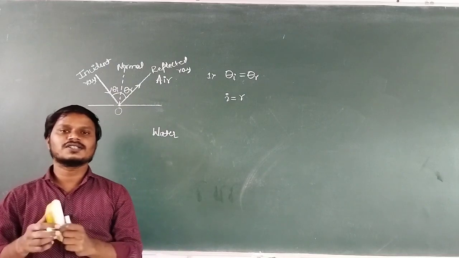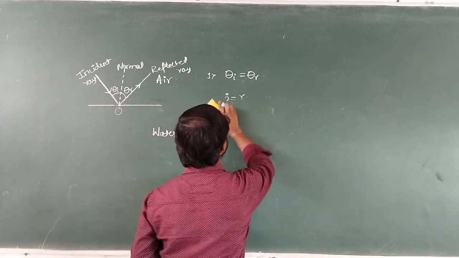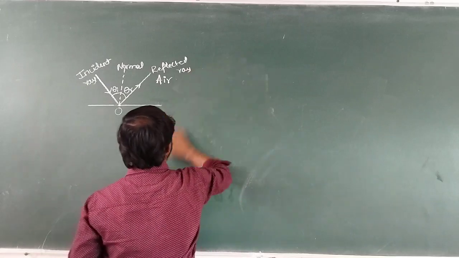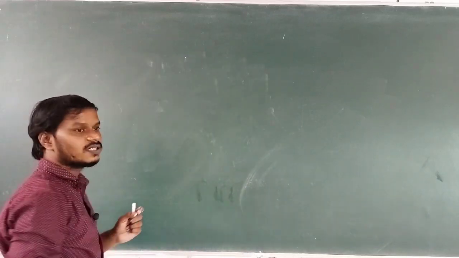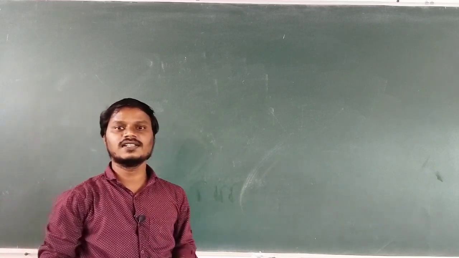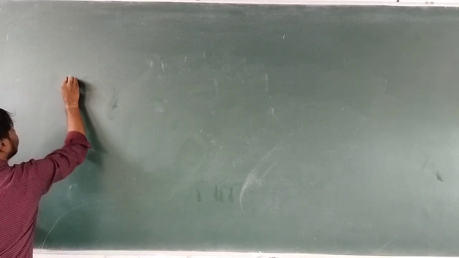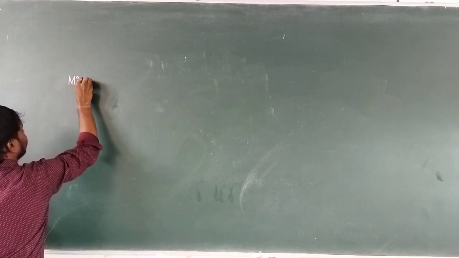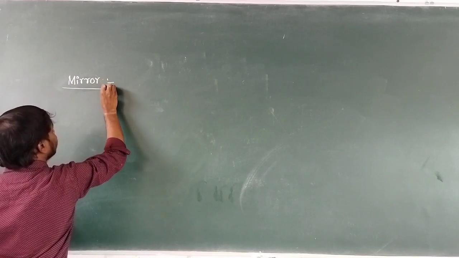So now let us move to the next topic, that is mirror. What is a mirror? A mirror is a smooth surface which reflects the light.